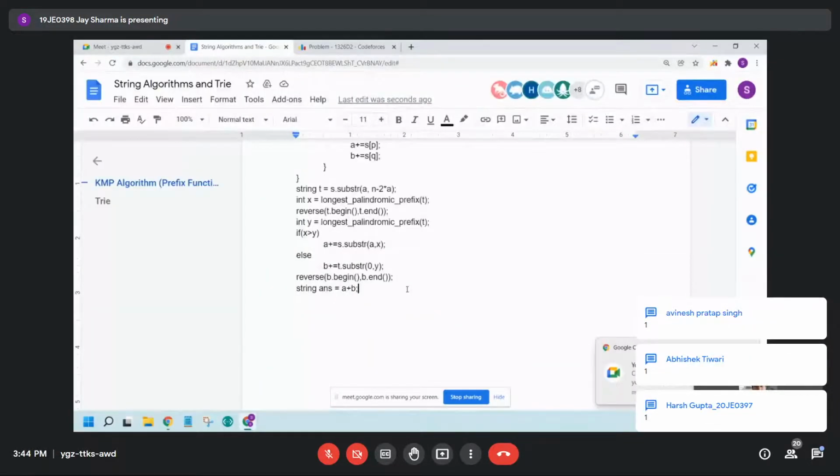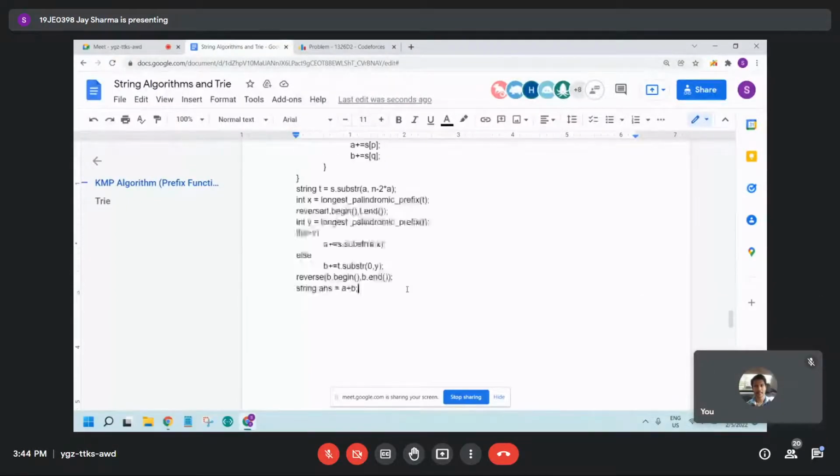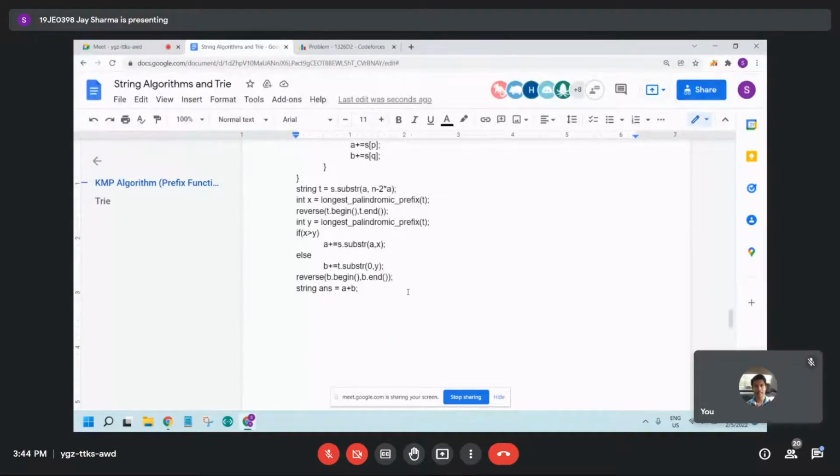So I think that's all for the KMP and prefix function part. There are many other standard problems. I have given you the link for CP algorithms. Go through that article; you will find many other standard problem applications of prefix function. Try to go through all of them.